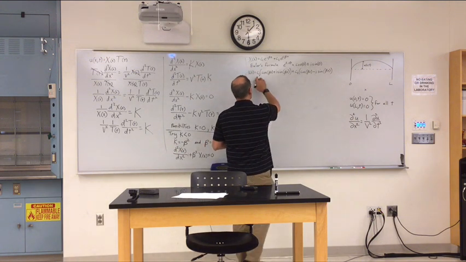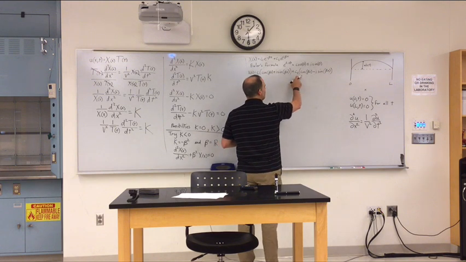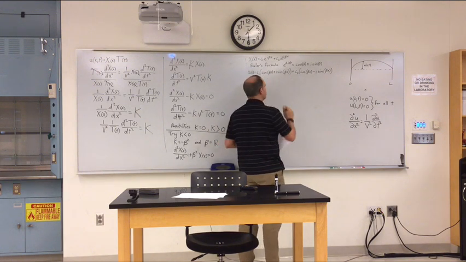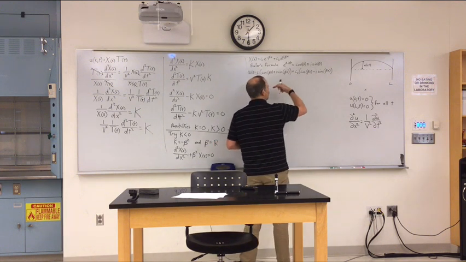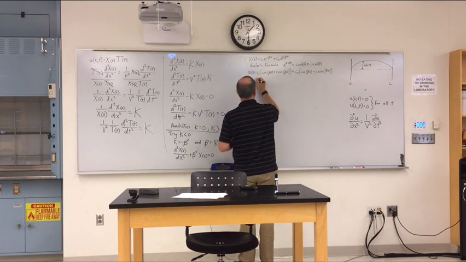Okay, so distributing the C's in and then bringing the cosines together. I'm going to distribute C1 in here, C2 in there, and then I'm going to bring all the cosines together in one step.